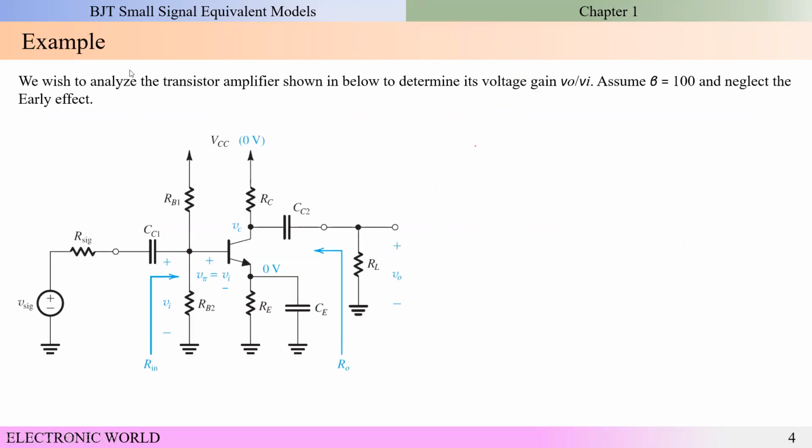Then we can try this example. We need to determine the small signal equivalent circuit. This is a fairly complex scenario. This one is the bias circuit.